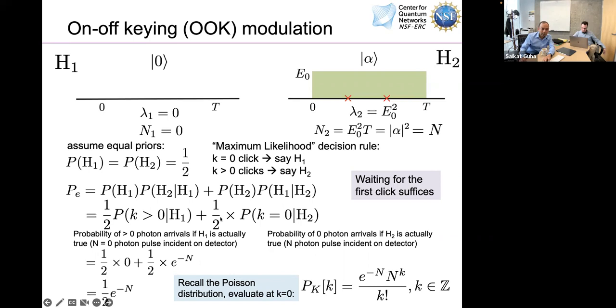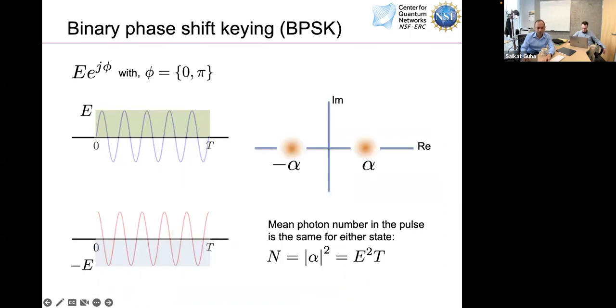So with probability 1/2 that hypothesis 2 is really true, the conditional probability that you make an error is e to the minus n. So the overall average probability of error is 1/2 e to the minus n. No matter how good your detector is, you are going to have at least this much error probability, and it would very likely be more. Some people call this the shot noise limit in the context of classical light.